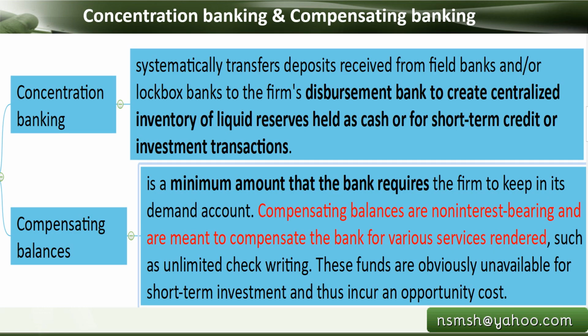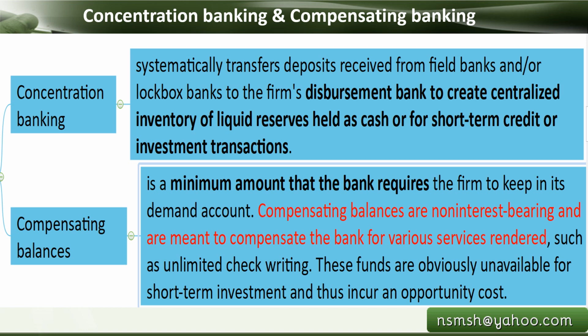In the banking system, we should understand that there is concentration banking and compensating balances. So what is meant by concentration banking? It systematically transfers deposits received from field banks, or earlier we have seen the lockbox system. From those banks, it will be automatically transferred internally to this concentration bank.